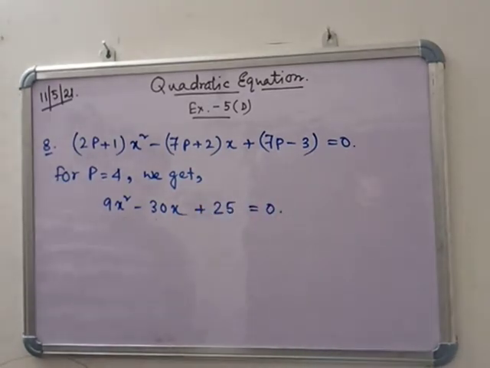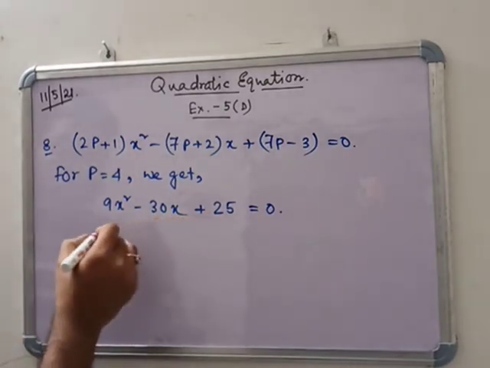So 9x square minus 30x plus 25 equals to 0.